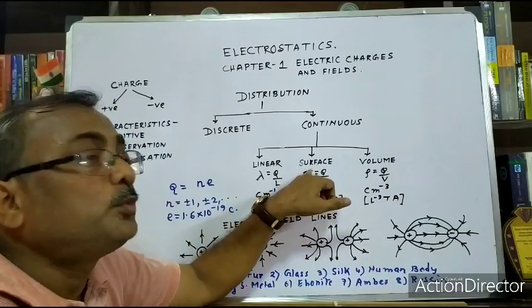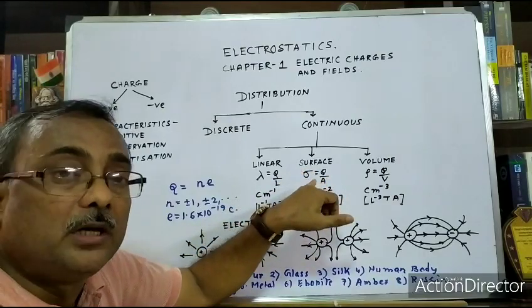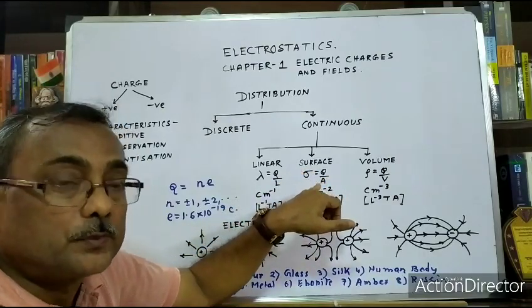The second kind of distribution is superficial or surface distribution.